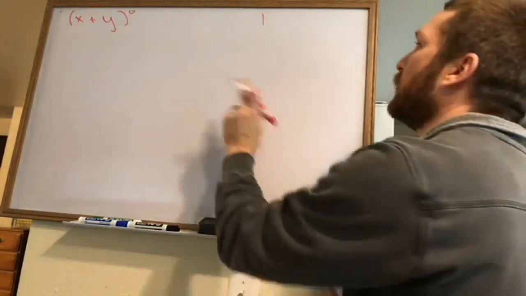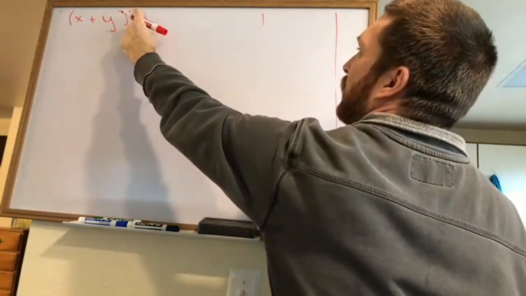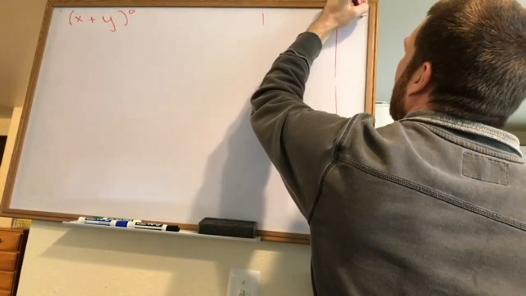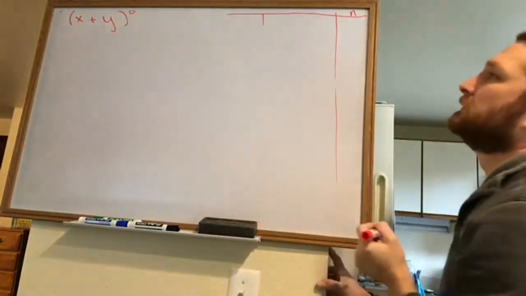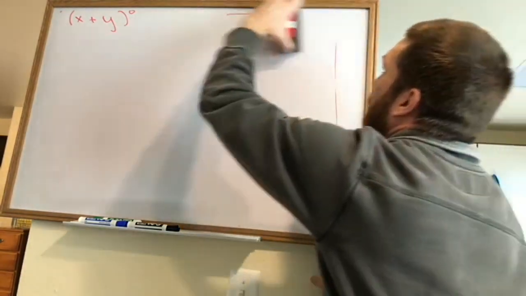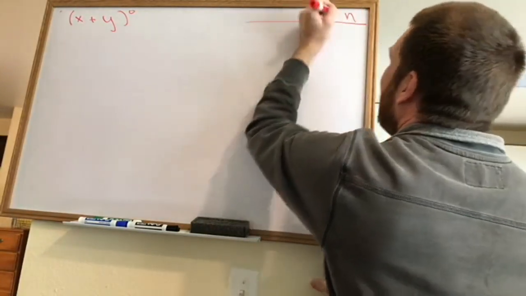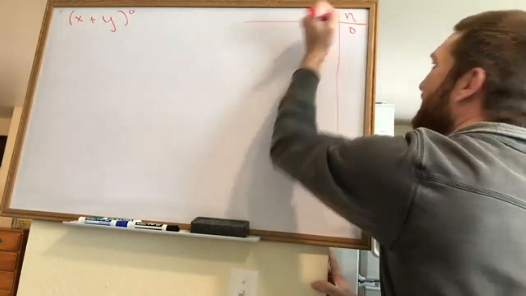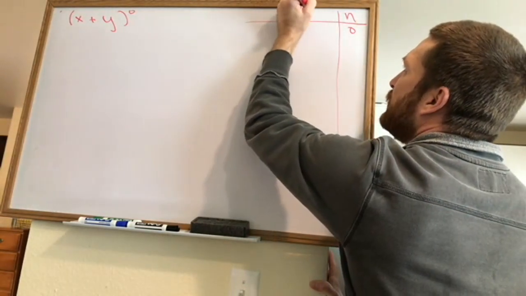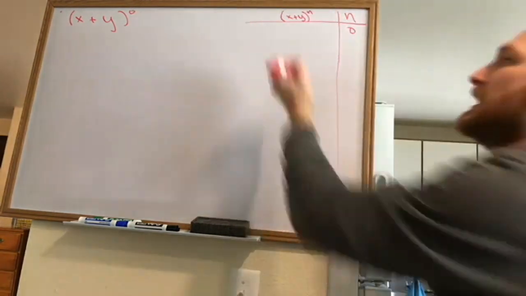So in other words, this is when my power is 0. Think about it like this. When n is 0, then this thing, x plus y to the n, when n is equal to 0, the whole thing comes out to 1.